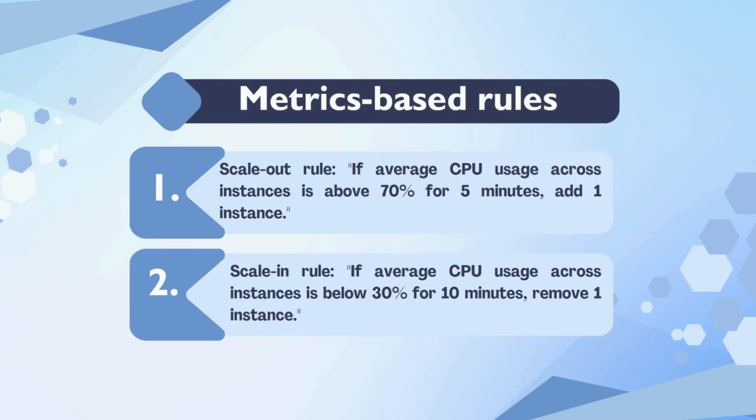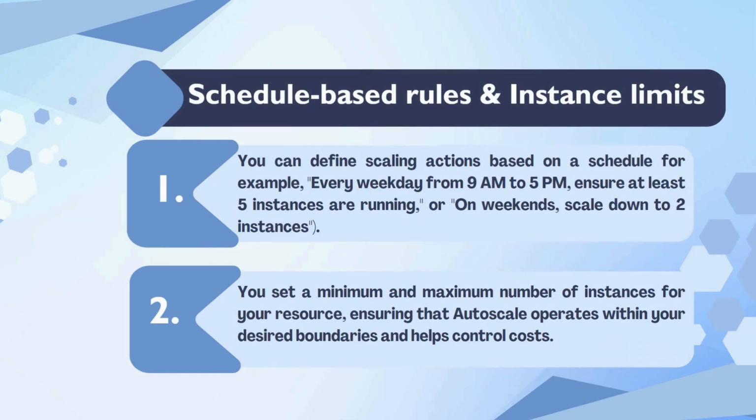Conversely, a scale-in rule could be: if average CPU usage across instances is below 30% for 10 minutes, remove one instance.